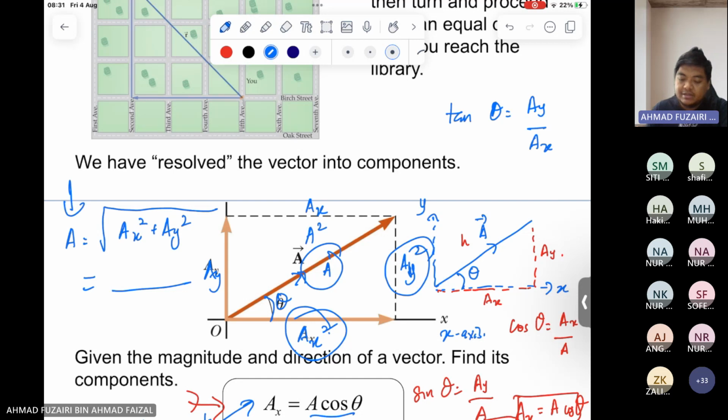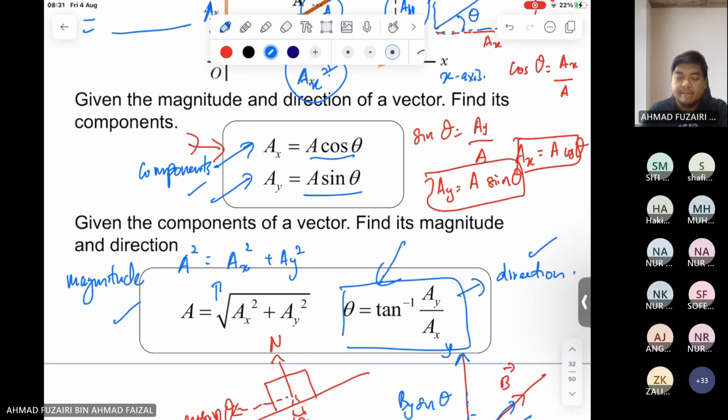Dalam kes ini sebab theta duduk kat situ. So nak dapatkan theta is tangent inverse Ay over Ax. Itulah sebab dia dapat macam ni. Dia gunakan shift tangent, Ay over Ax.